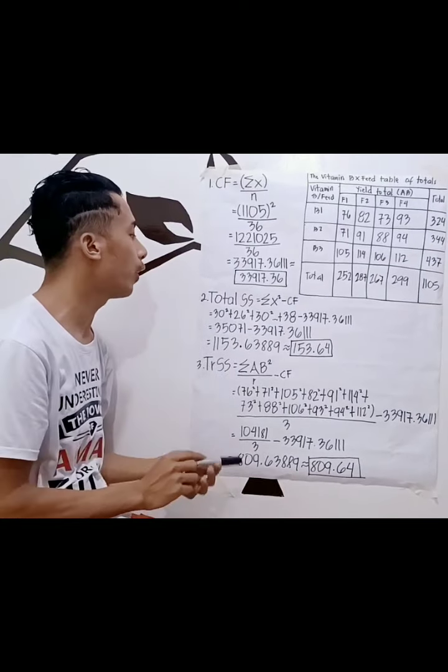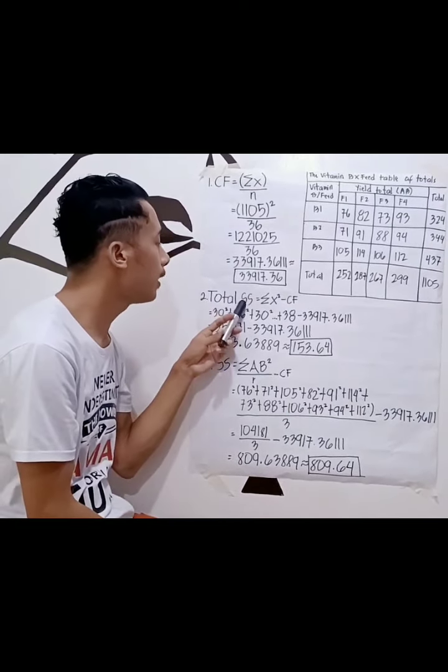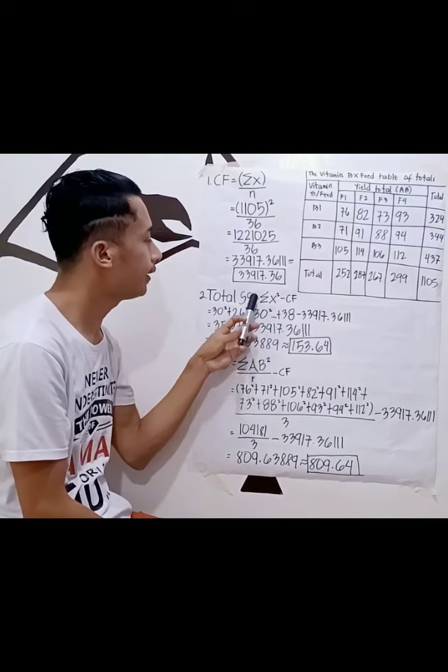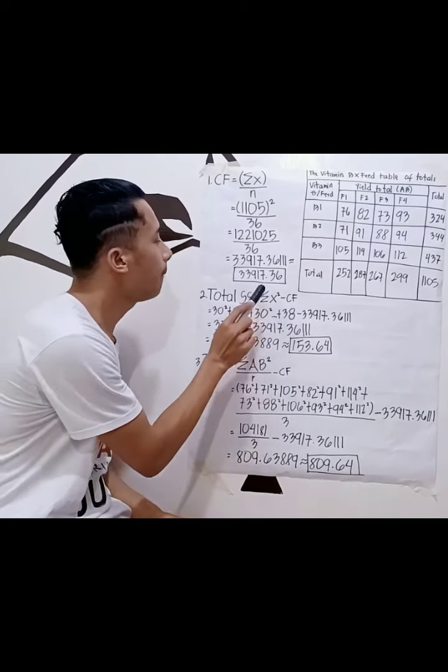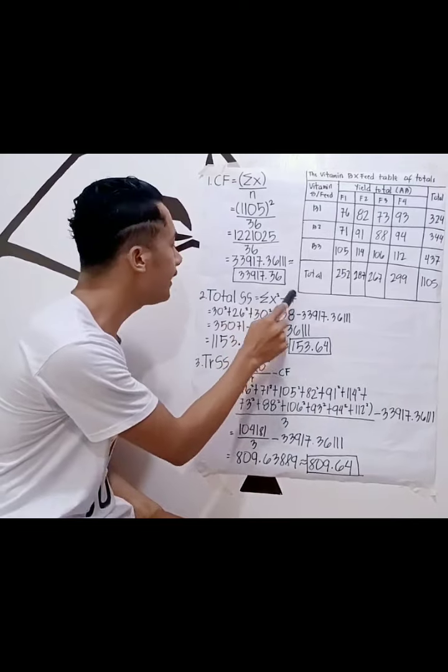Then number 2, the total sum of squares equals the summation of x squared minus CF.